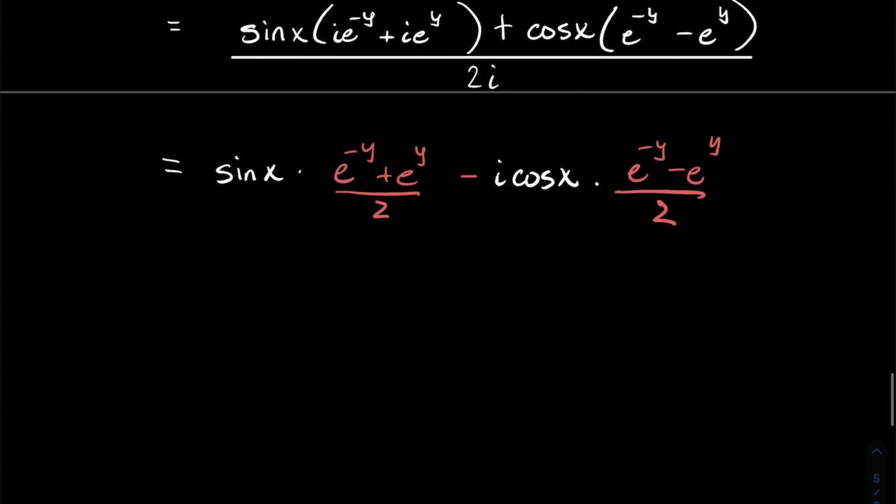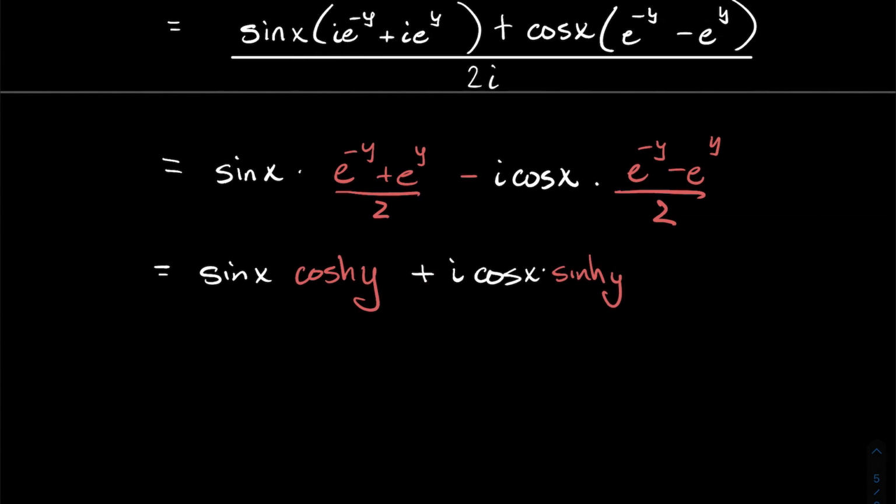And you should remember, these formulas in pink should look very familiar. Those are hyperbolic trig functions. The first one is hyperbolic cosine of y, and the second one is hyperbolic sine of y. Actually there's a minus sign in there, sorry. Notice there's a sign change too.